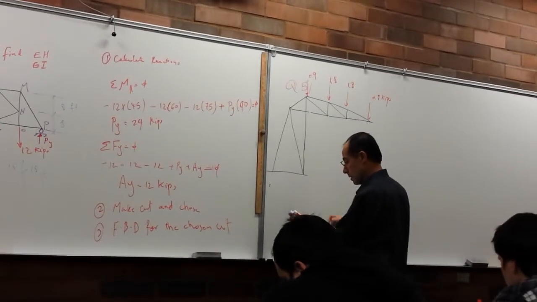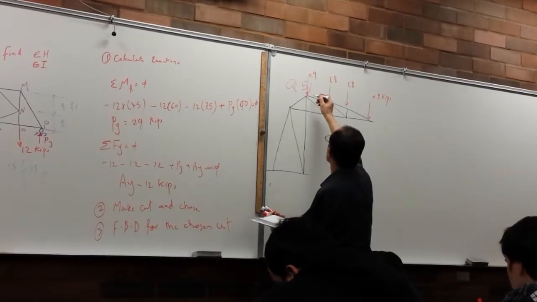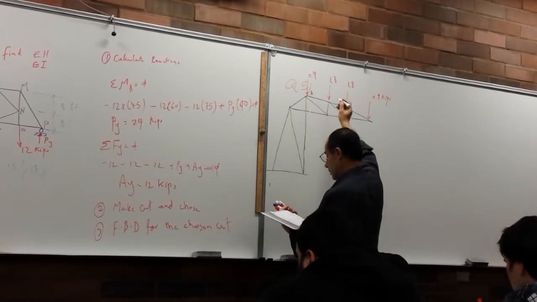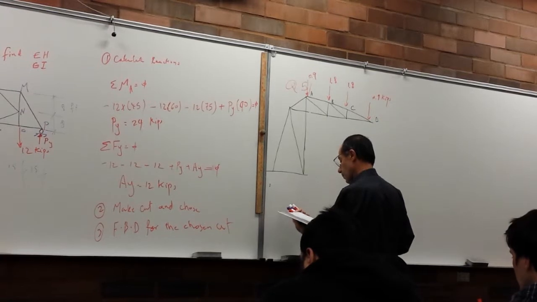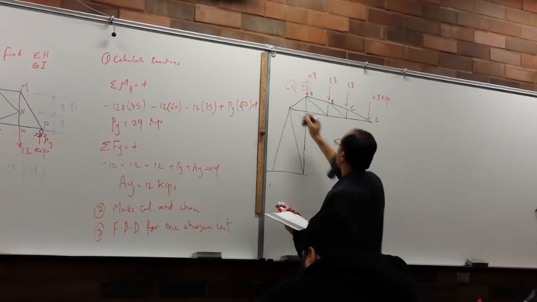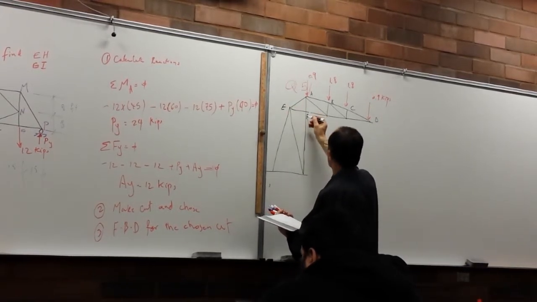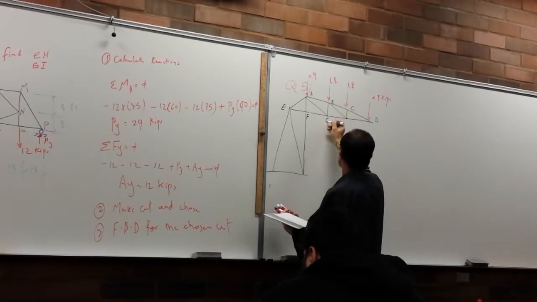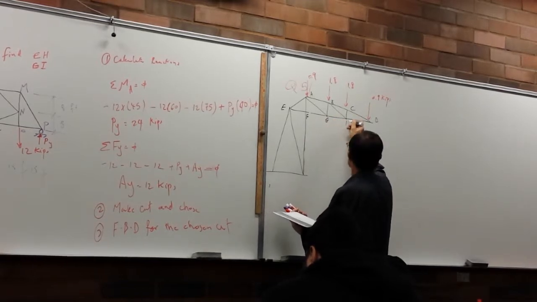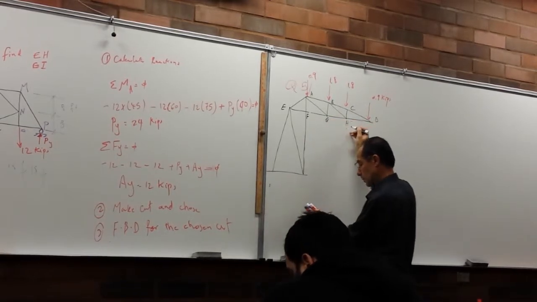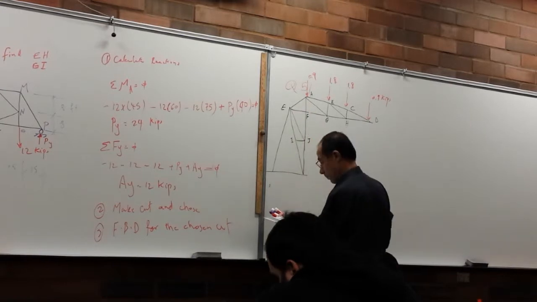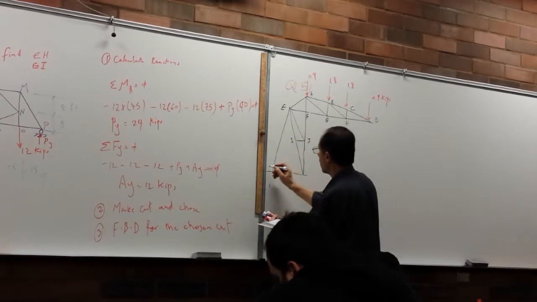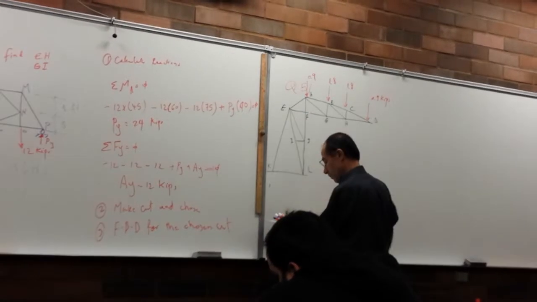So A is here, B, C, D, E, F, G, H, I, J, K, L.